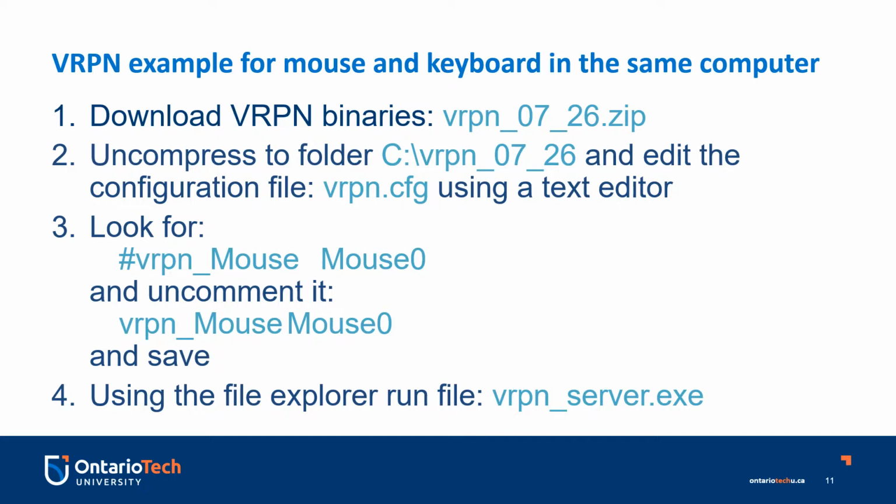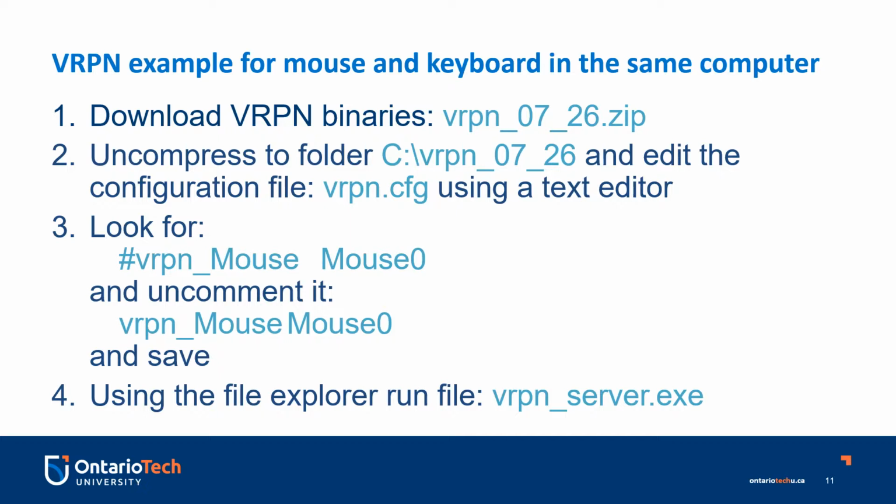First, download VRPN binaries, uncompress the zip file to the folder shown in the slide, locate the vrpn.cfg file, and edit it using a text editor.